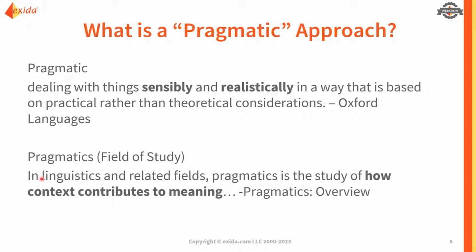And I think what's interesting is if we look at the definition of pragmatics as a field of study, this is more about linguistics and language study. But what's really interesting is it looks at how context contributes to the meaning.